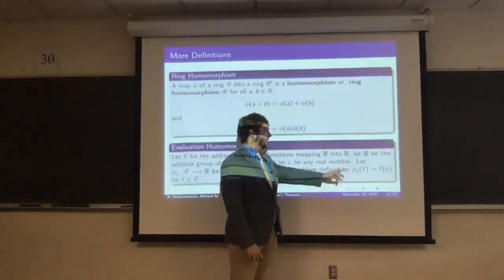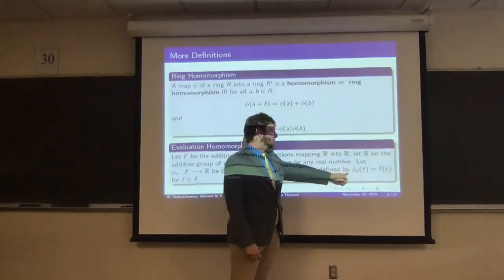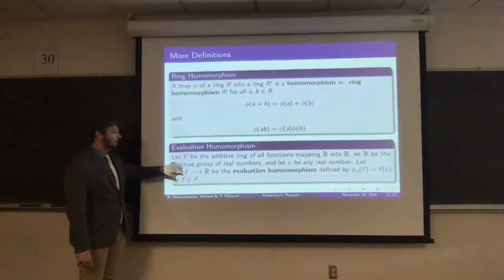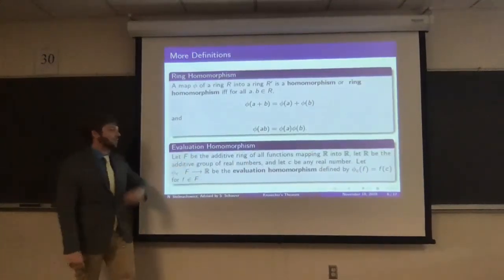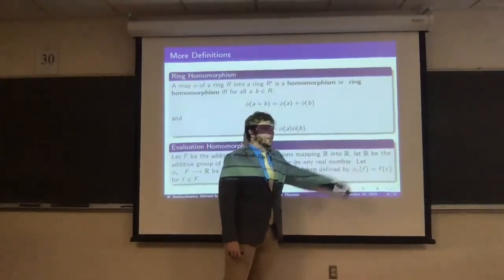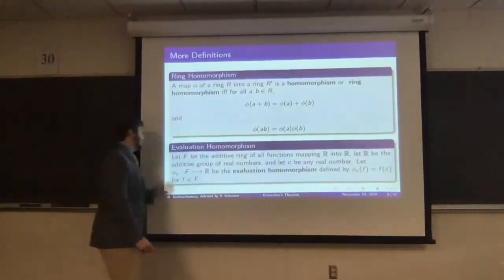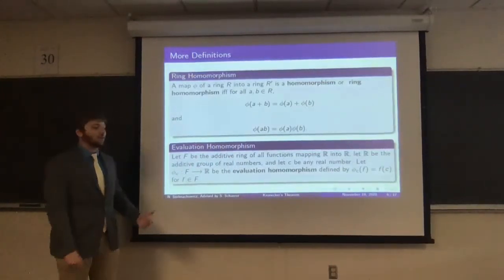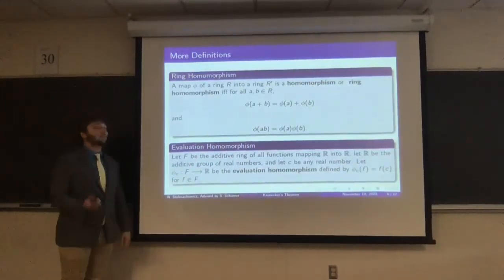It's denoted with the map from the additive ring we're looking at to the real numbers as phi subscript c of f. And phi, again, is just the map that I defined it by. It could be any symbol, but phi is the most common one to use.